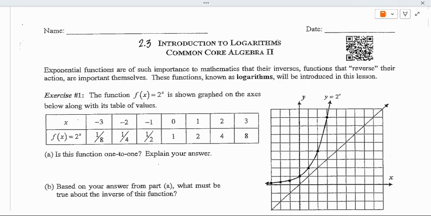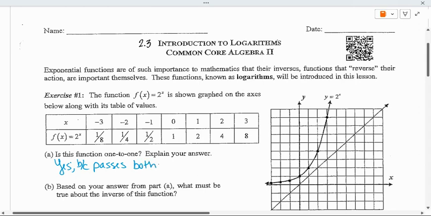So is this function 1 to 1? Yes or no? Yes, because it passes the vertical and the horizontal line test. So let's write that. Yes, because it passes both the vertical and the horizontal line test. And I'm going to just draw a quick sketch so you remember what those are.